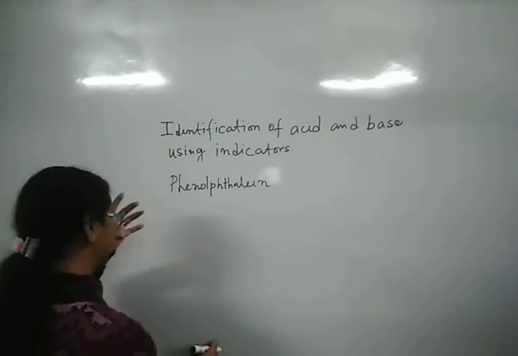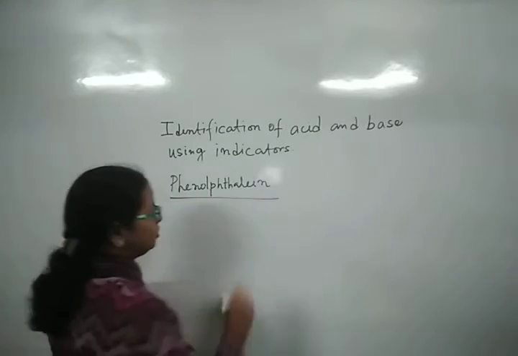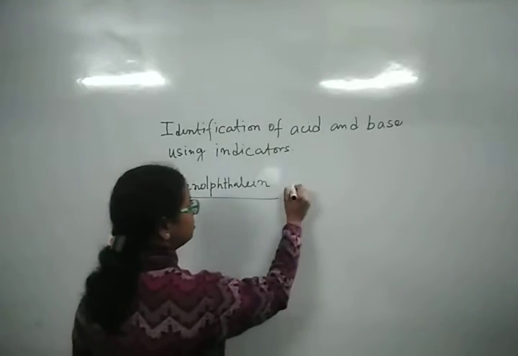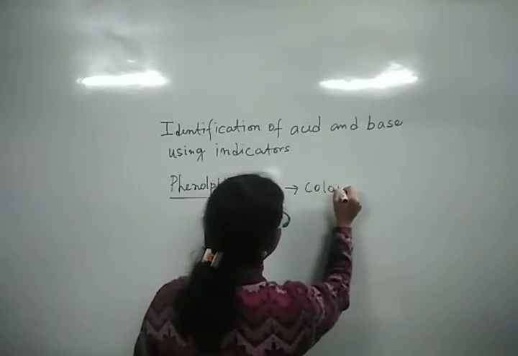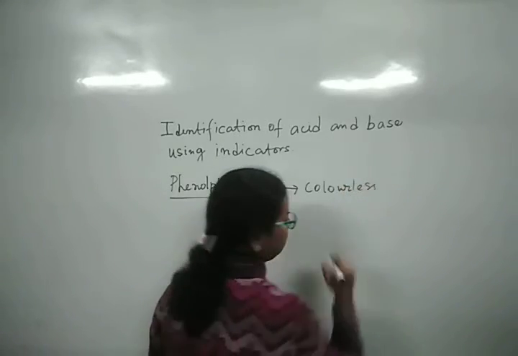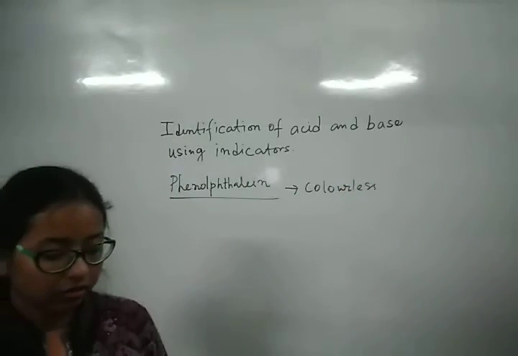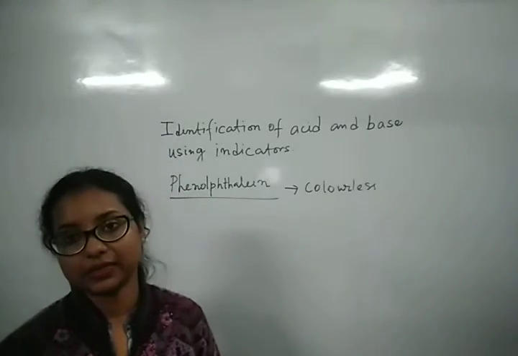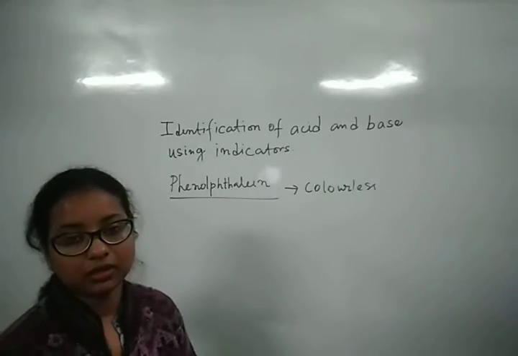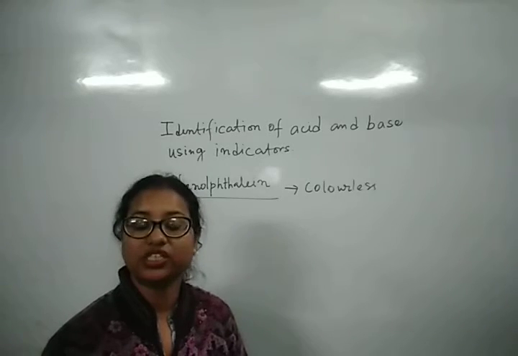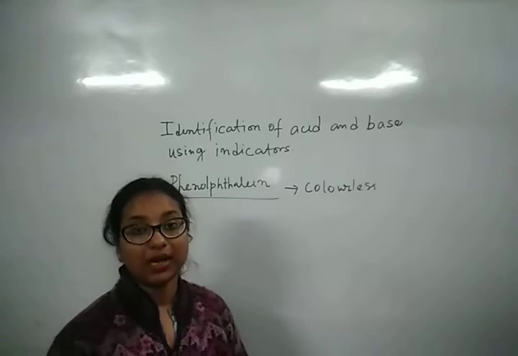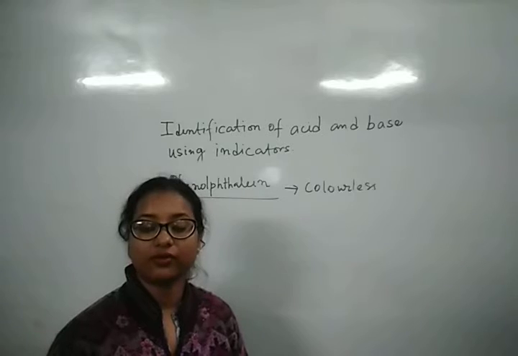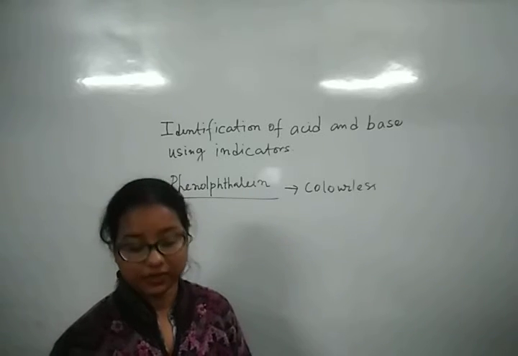Phenolphthalein is colorless; its own color is colorless. Now when we add this in acid and basic medium, it will change its color, and by this we can identify whether the solution is acid or base.